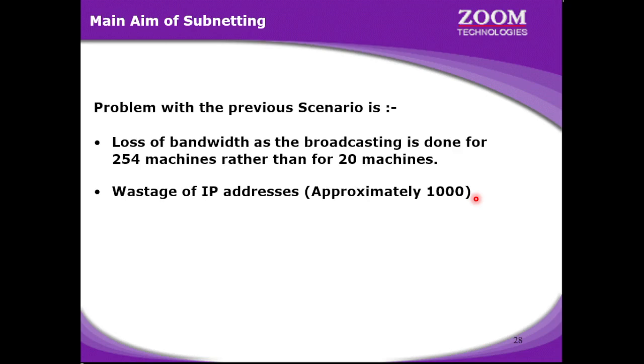Kapag kinompute po natin, di ba, 234 ang isa, times 5 would be, ilan yun? 1,170 approximately or approximately 1,000 na lang, no? Na IP address, yun nasasayang kasi hindi natin na ma-maximize. Diba? Per department po yun. Pag tinotal natin lahat ng per department, 234 per department, no? Nasa 1,000 plus po yung nasasayang na IP addresses.